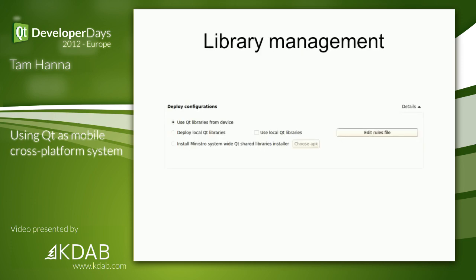And then finally, one more very important dialogue, the library management. During debugging, you also need libraries on the handset, and a variety of options are offered to deploy them. I have to recommend you to always use Ministro when debugging. The reason for this is that the automatic library deployment is buggy.